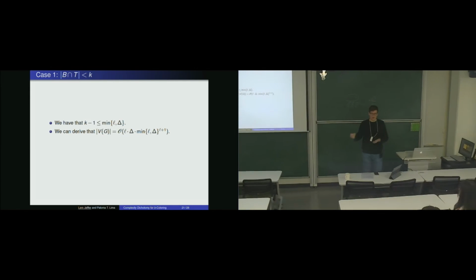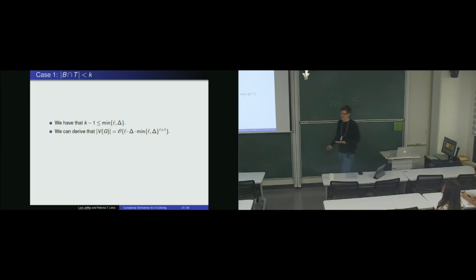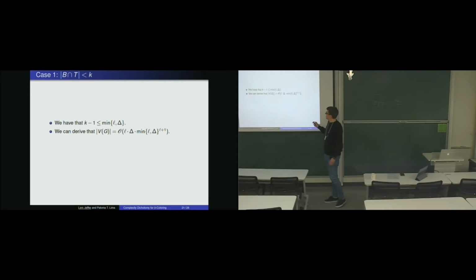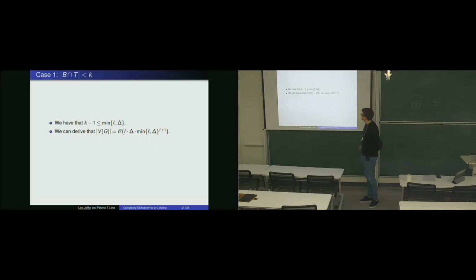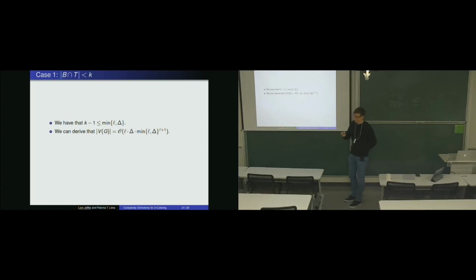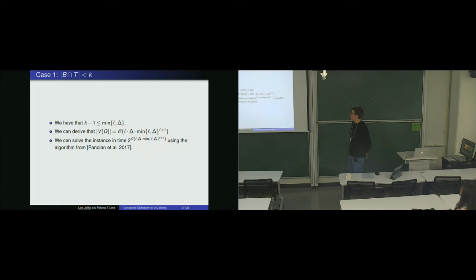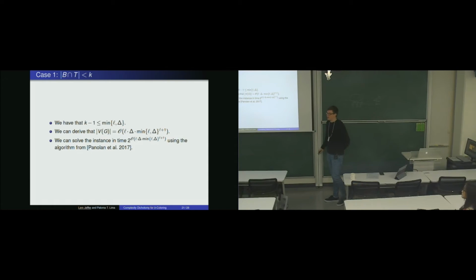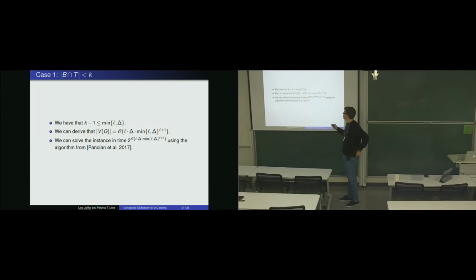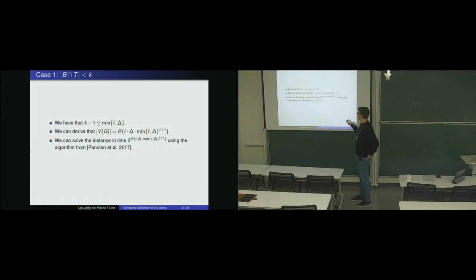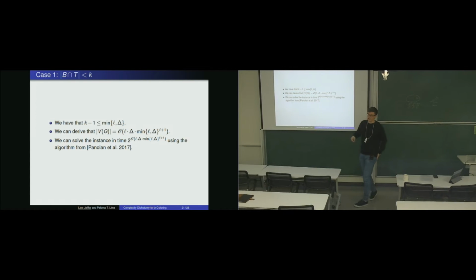And this is small for our purposes, right? Because the size of G only depends on L and delta. Okay, so in this case we can just use a known algorithm that solves the b-coloring problem in time 2 to the O of all of this.